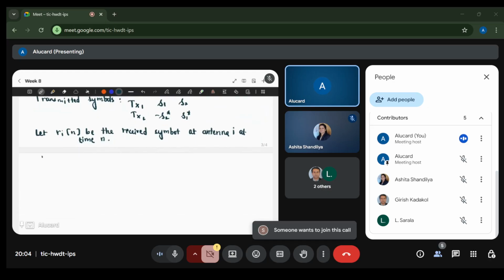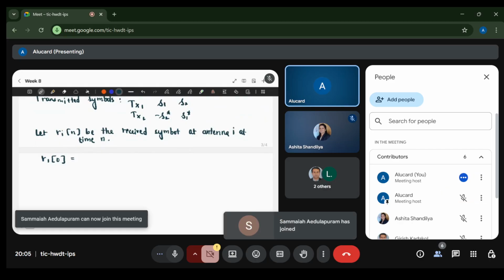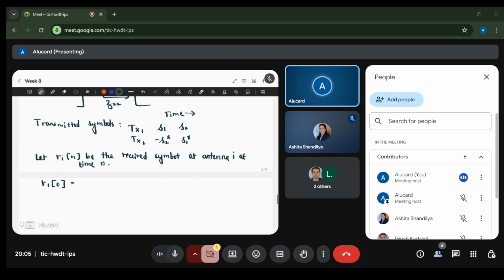Then R10 is, at time 0, antenna 1 is sending S1 and antenna 2 is sending minus S2 conjugate.